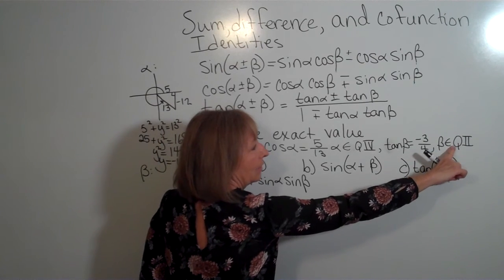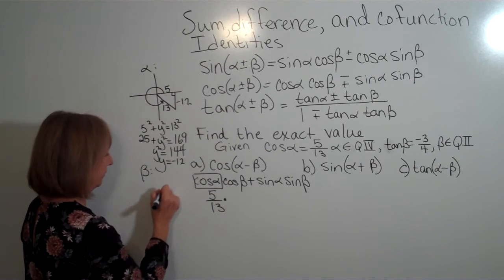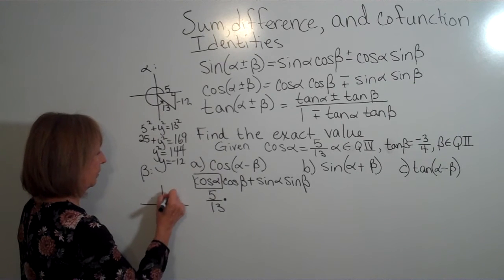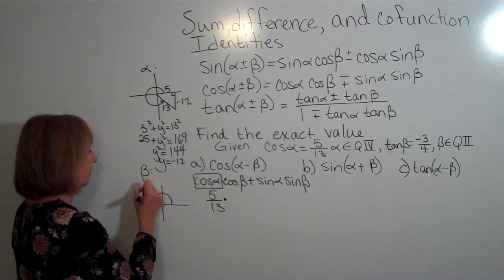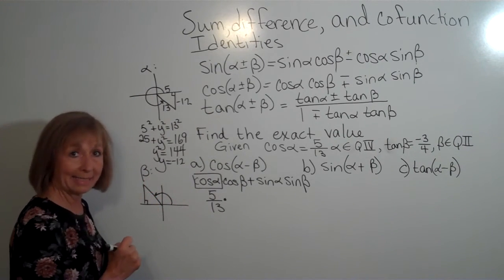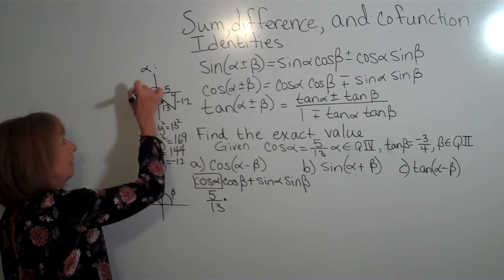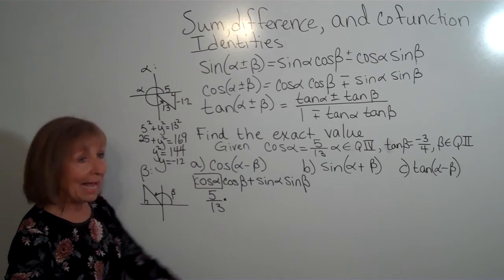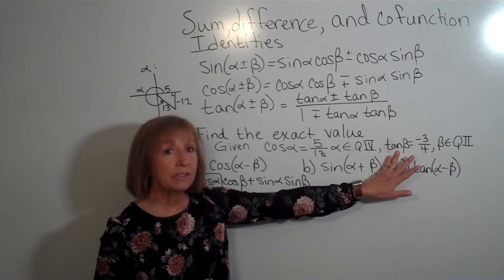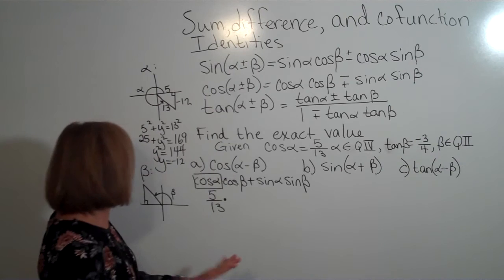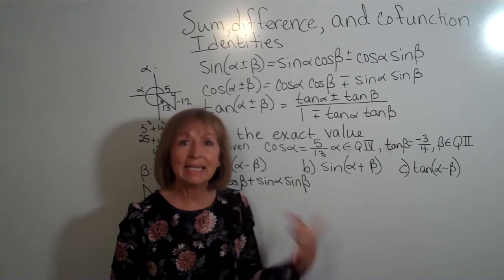Beta is in quadrant 2. So we're going to go into quadrant 2, go down to the nearest x-axis. This is beta, and that was alpha. All right, now we have the tangent of beta in quadrant 2 is negative 3/4.